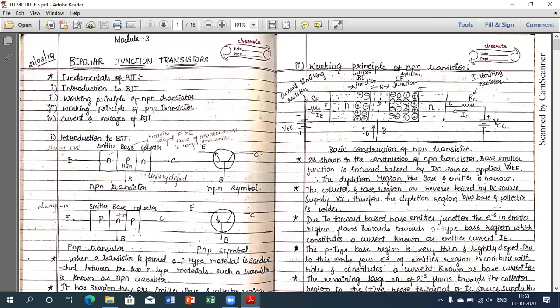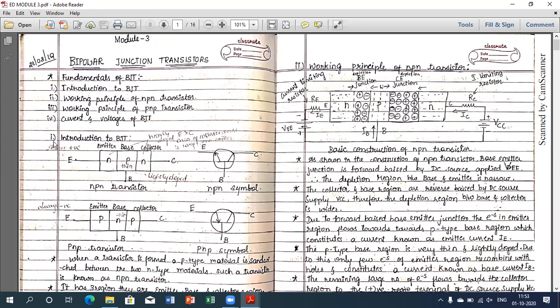So this is module 3, bipolar junction transistors. The first topic is fundamentals of BJT. In that, we are going to discuss these four topics. First is introduction to BJT. Second is working principle of NPN transistor. Third is working principle of PNP transistor.